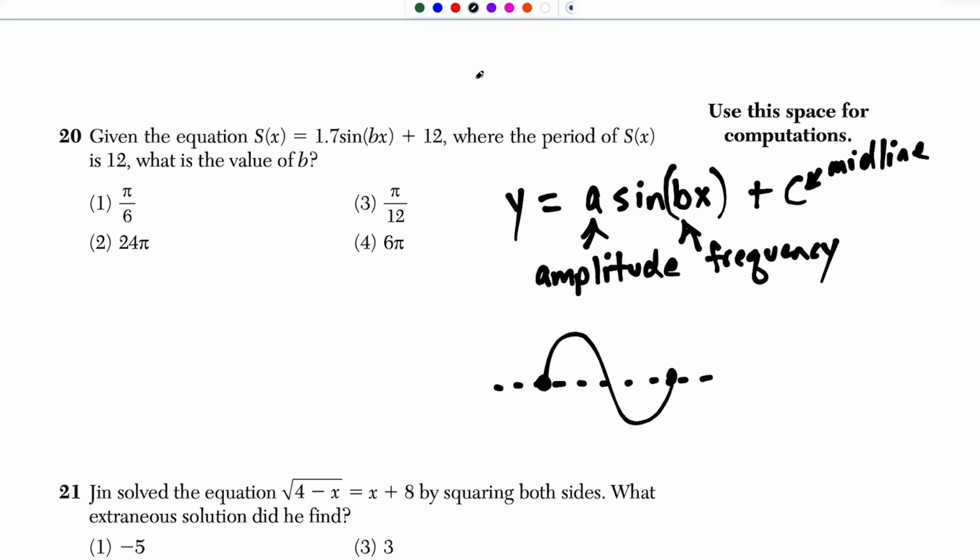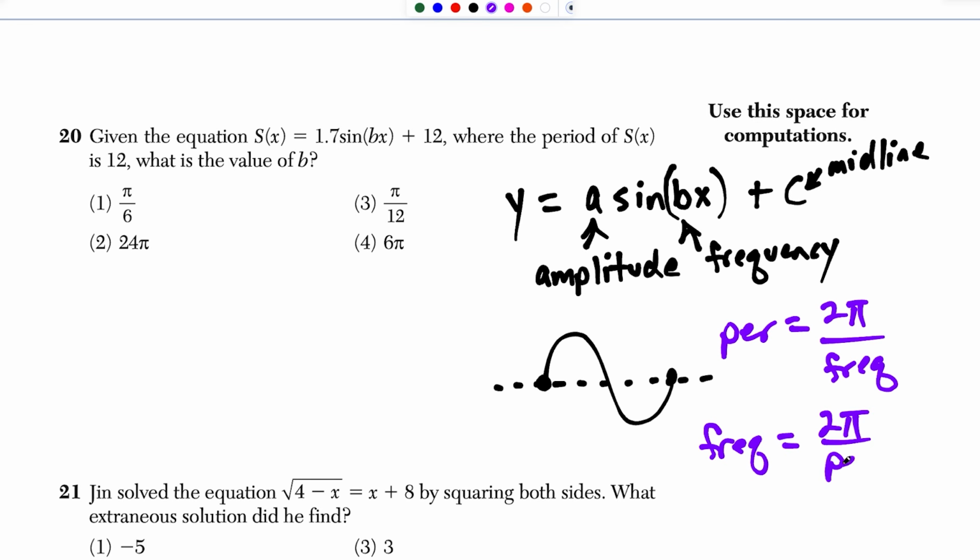So another detail to know is that there is a unique relationship between the frequency and the period. So just know that the period is equal to 2 pi divided by the frequency. But I could also swap these and say that the frequency is equal to 2 pi divided by the period. Okay, so this is where my head goes with these questions right away.